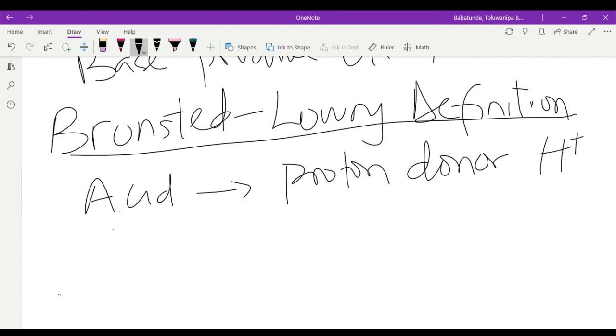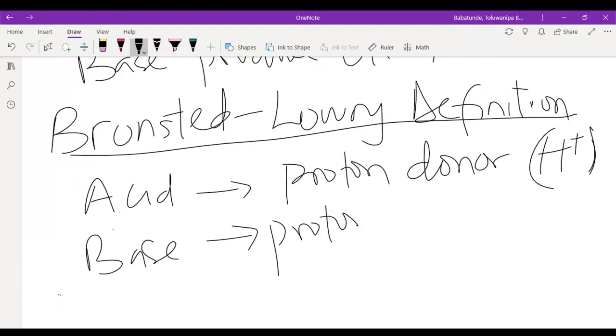And a proton is a hydrogen ion. According to this definition, a base is a proton acceptor. Anything that accepts a proton is a base.